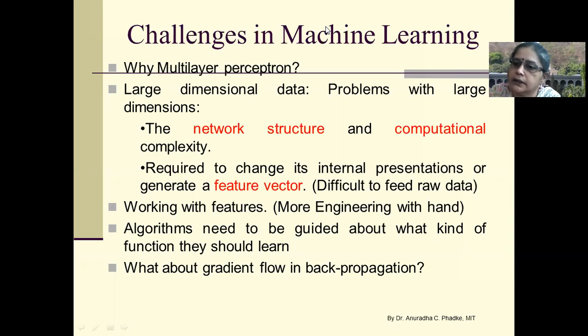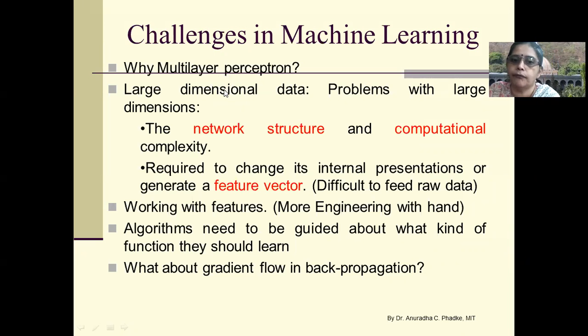For non-linearly separable data, we need multi-layer perceptron. When your input data cannot be separated by a single line or a linear surface, we need to go for multi-layer perceptron.